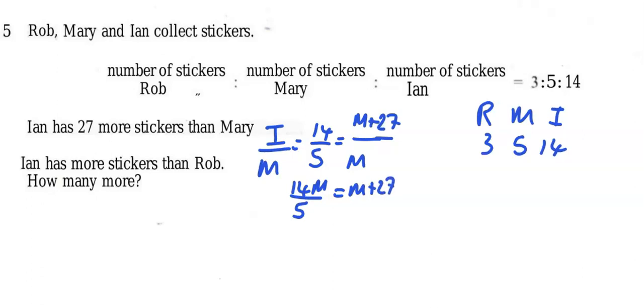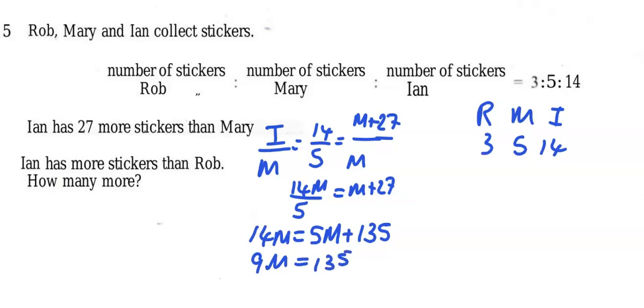And if I now multiply both sides by 5, I get 14m equals 5m plus 135. I subtract 5m from both sides and I find that 9m is 135.